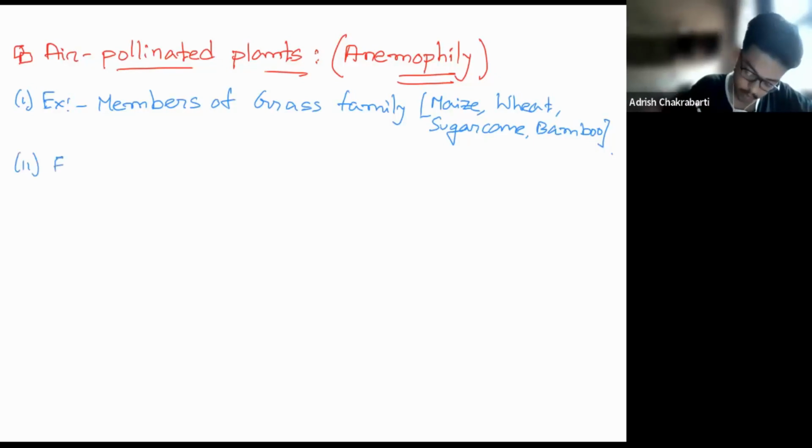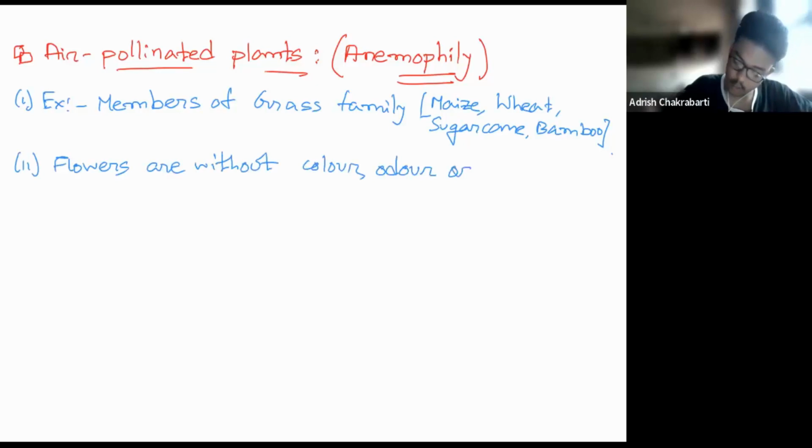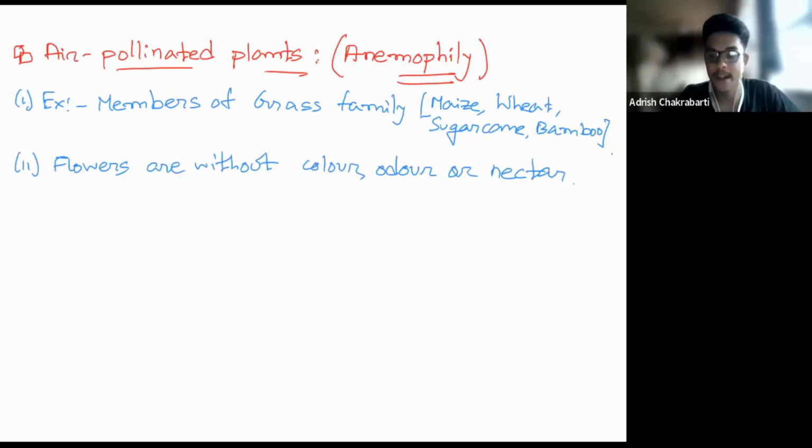Flowers are without color, odor, or nectar. Now here you require to have this conceptual clarity. Why do flowers show color, have odor, or produce nectar? They act as a gift for the pollinators. For example, we will observe this in case of insect pollinators. The flowers have characteristic odor or characteristic color to attract the particular pollinator.